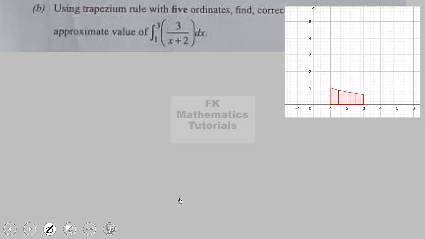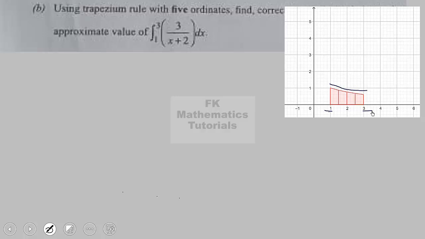Okay, so we have this here, and we can see the trapezium, and you can see the function that is sketched there, some part of the function between 1 and 3. And we can see the trapezia that are also used to approximate this area.